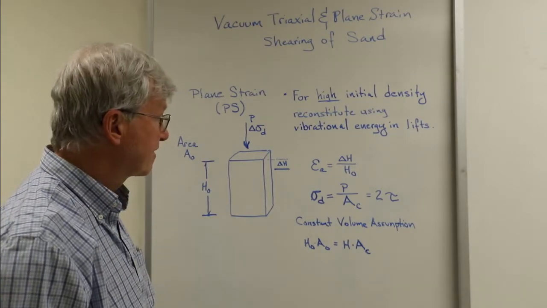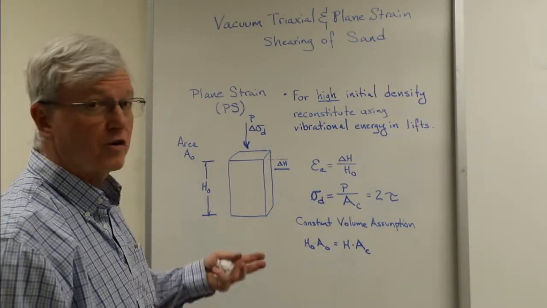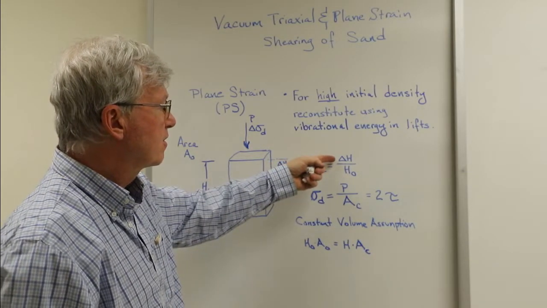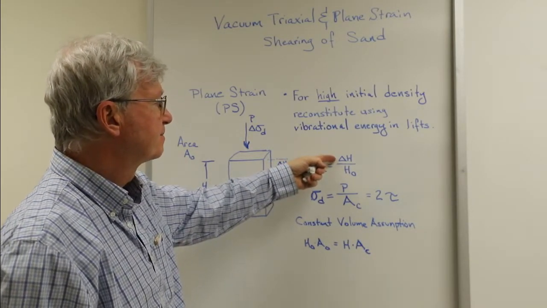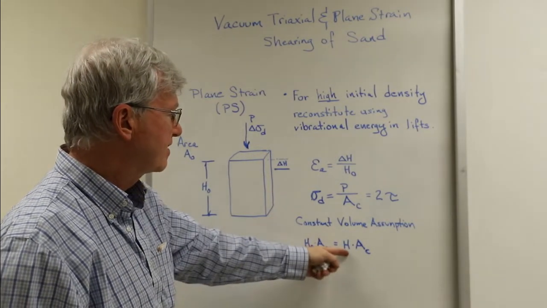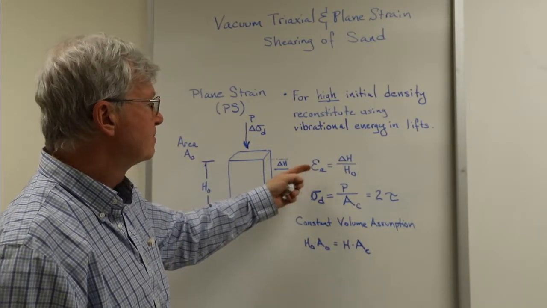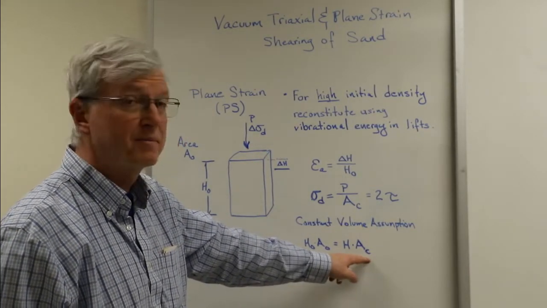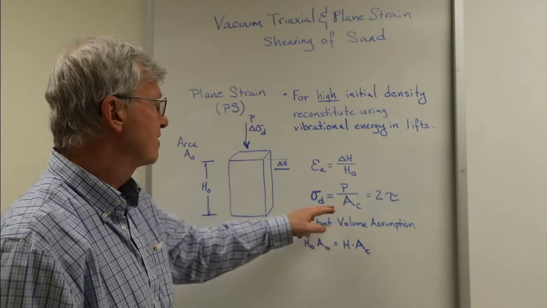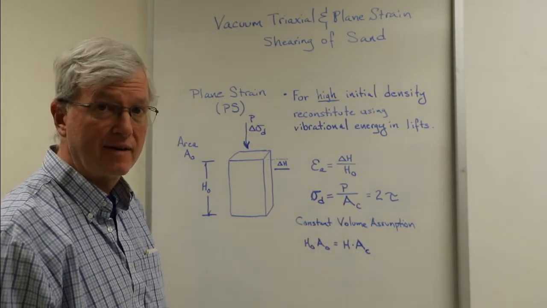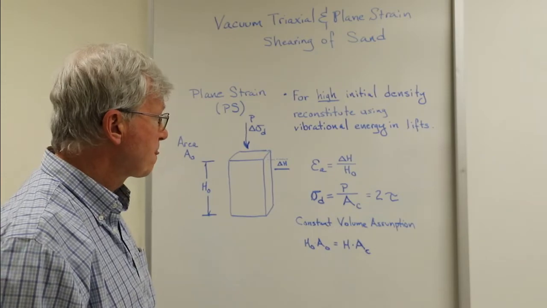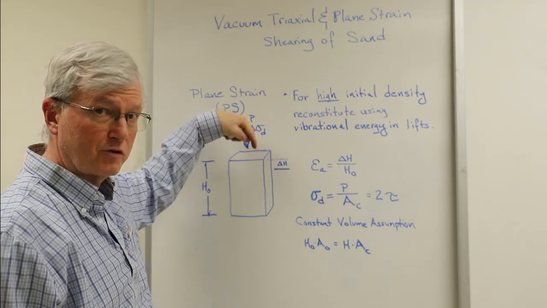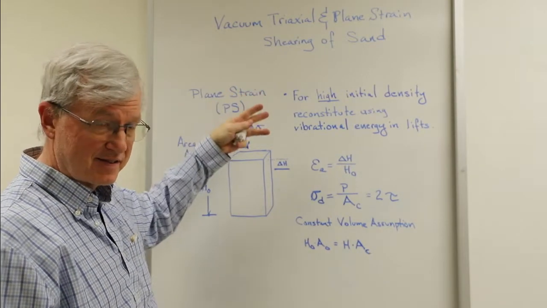stress throughout the test. So the order in which we're going to calculate things and reduce the data is we look at the delta H to calculate the new height and the strain, and then once we have that information we can calculate the new area, and then we can use that new area to calculate the deviator stress at any given time. And of course, the deviator stress, even though it looks like the vertical stress, sigma 1, it's not.